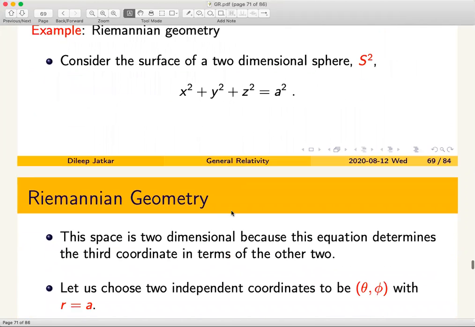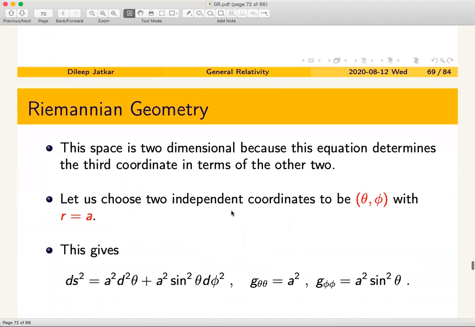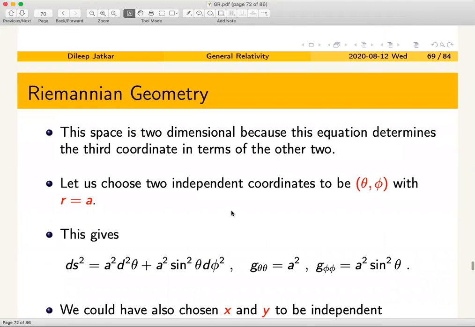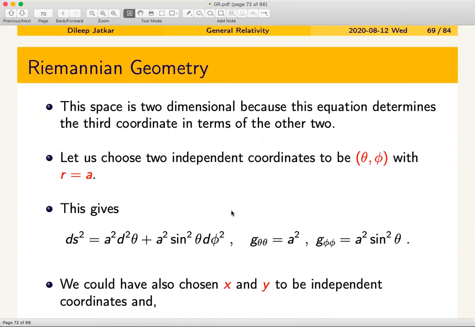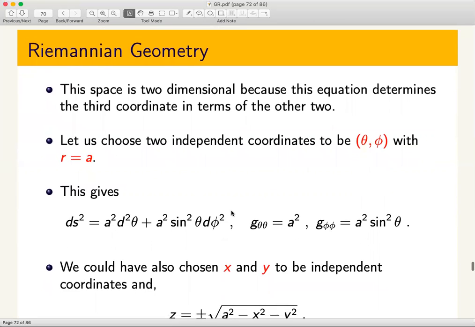Of course, there are ways of writing this in other coordinate systems. Instead of writing it in the x, y, z coordinate system, we could have written it in the r, theta, phi coordinate system. If you write it in terms of r, theta, phi, there is one thing that is immediately apparent from the intuitive understanding of the sphere: if the center of the sphere is kept at the origin, then all the points on the sphere are equidistant from the center.